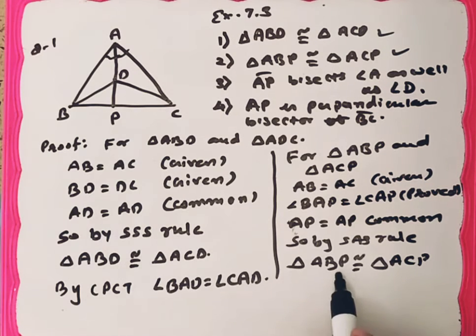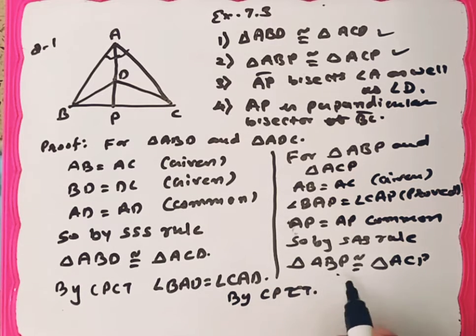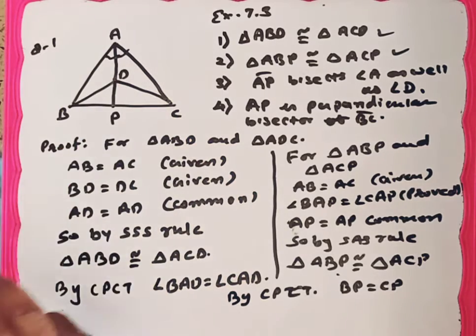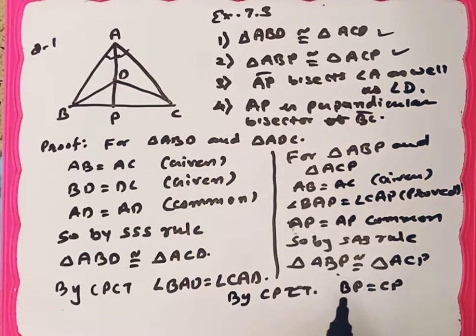Now as triangle ABP is congruent to triangle ACP, by CPCT we can say BP equals CP. So here we have shown angle BAD equals angle CAD and BP equals CP.